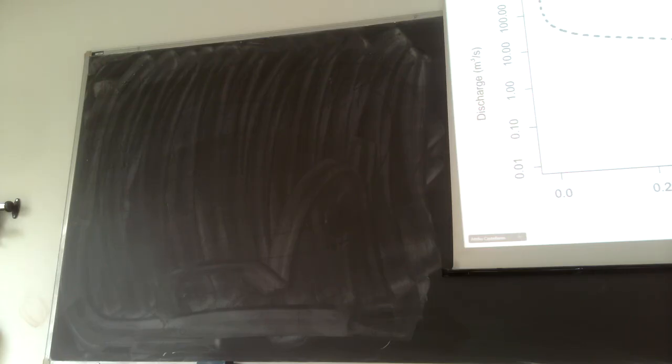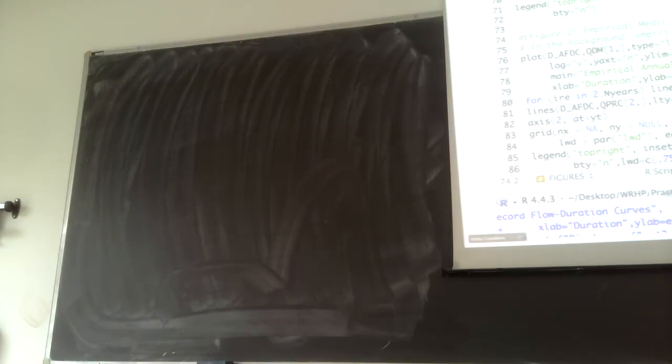The following figures plot some different flow duration curves. Let me go back to figure 2. You probably can see a larger portion of the script. I can't, otherwise the resolution would not be suitable for you to read my fonts. So, as you can read in the script, figure number 2 plots the empirical median annual flow duration curve, and in the background of the figure, all the empirical annual flow duration curves.